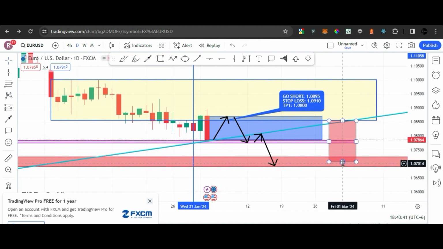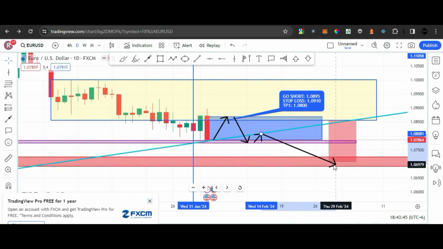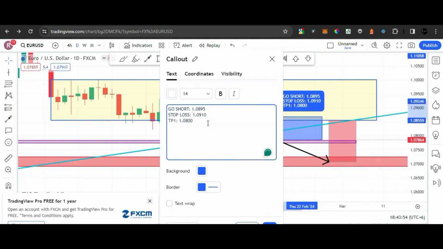So our next target will be here, not actually here, something like this, up to this level, which is 1.0707. So take profit 2, I want 1.0707, almost James Bond. Okay guys, that is it for Euro USD.